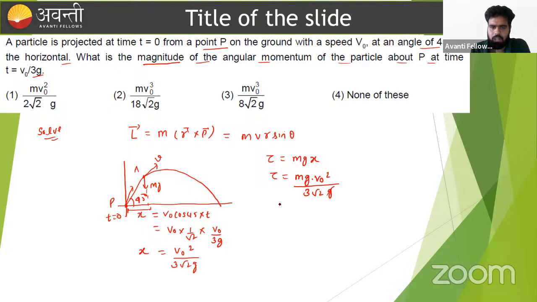Here g and g cancel out, so the torque value becomes m v naught square divided by 3 root 2.